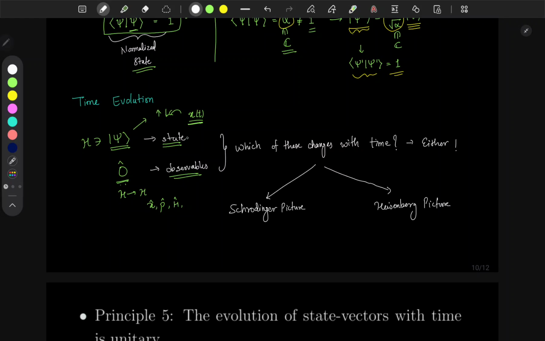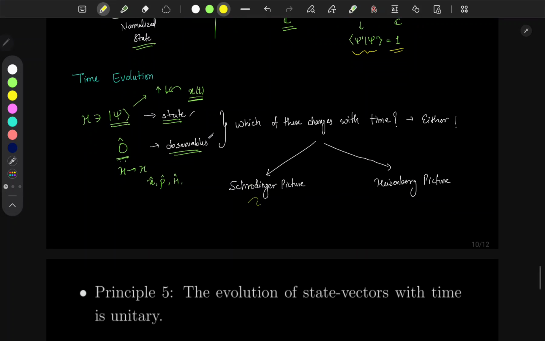Since they are different objects, the rules are different for these two, but eventually what you get is the same. So when you evolve the state, this picture of evolving a state is what we call the Schrodinger picture. And when you evolve the operator, it's called the Heisenberg picture.